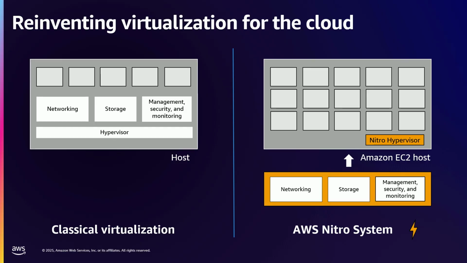Yeah, thank you, Sudhir. On the screen, what you see on the right side is the Nitro System. But before we get into the details of how the Nitro System came to be, let's understand the classical system, right? Traditionally for decades, classical virtualization is like you have a hypervisor on your host machine, and then the hypervisor needs to do many things, right?